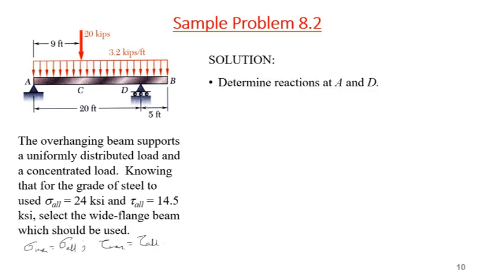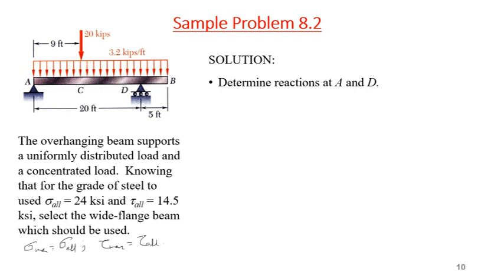Okay, first we will determine the reactions at A and D, and since we don't know where the maximum normal stress and shear stress will be, we have to draw the shear force and bending moment diagrams to identify the points where we have maximum bending moment and corresponding shear, and where we have maximum shear force and corresponding bending moment.